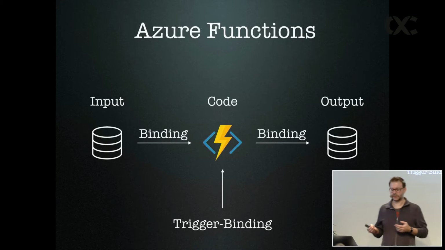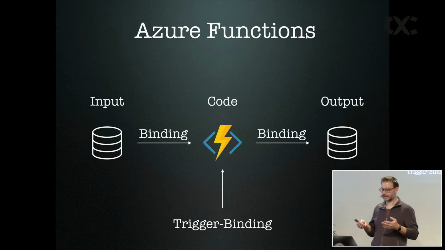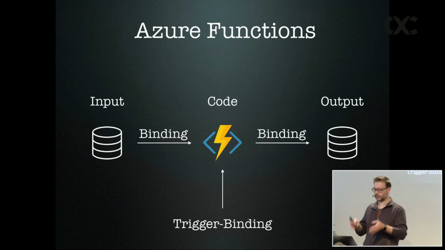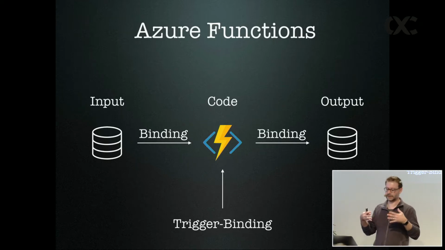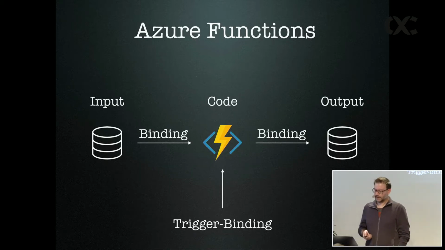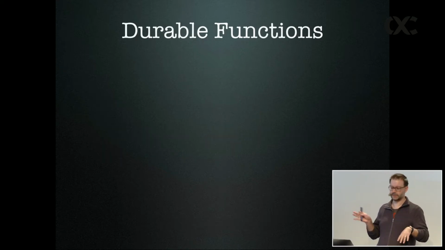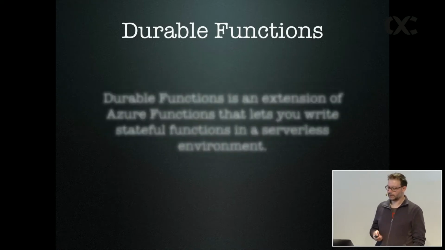That's all, and that's pretty declarative. There are different ways to do that, but that's the main pattern. It's your code, and you put some bindings on it to tell the runtime how to run the code, where to get the input, and where to put the output. And fairly that's it. And you can have multiple inputs and outputs. That's not a problem.